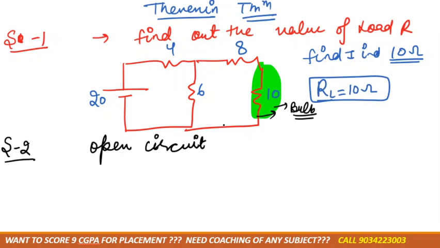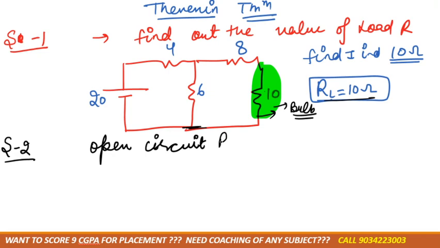That is the load resistance. Now this load resistance can be anyone. Like if they ask you to calculate current in 8 ohm, then that would be the load resistance. In whichever branch they ask you to calculate the current, that would be your load resistance. Got it? They give us the load always.